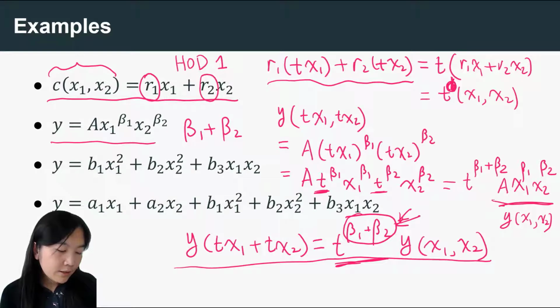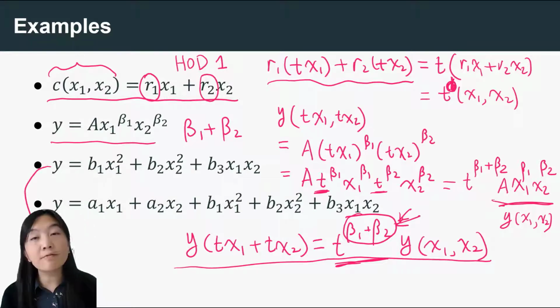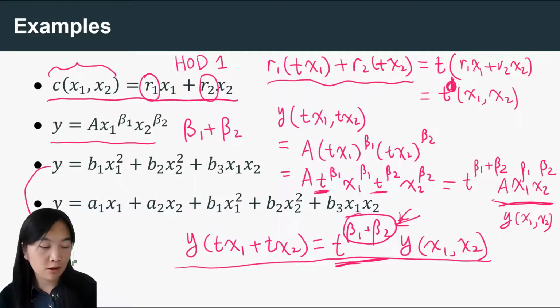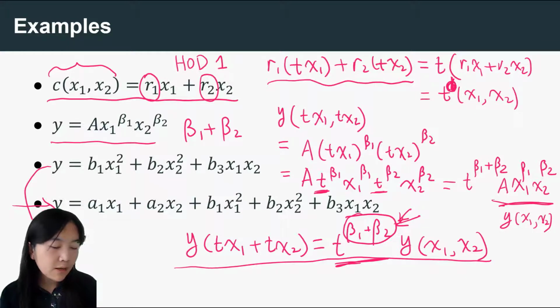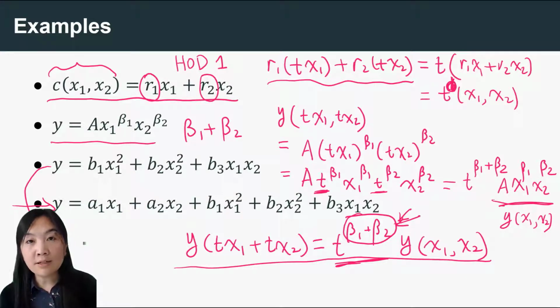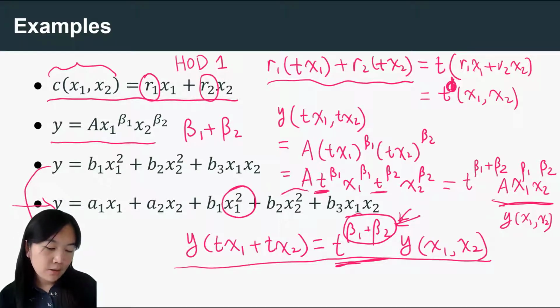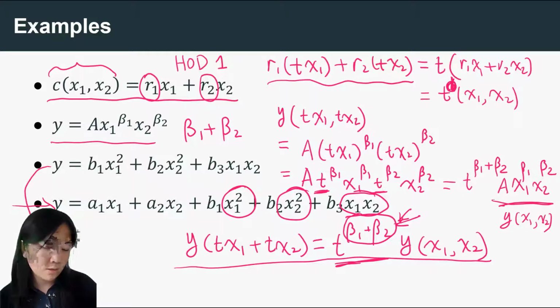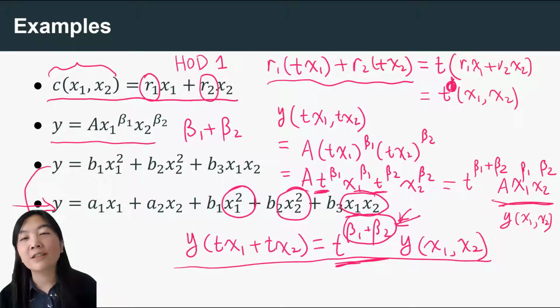The third function is a special case of the fourth function here. The last function is what we call a quadratic production function, because the highest term is 2. The quadratic production function is not a homogeneous function in general.